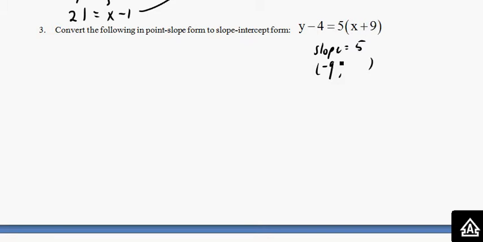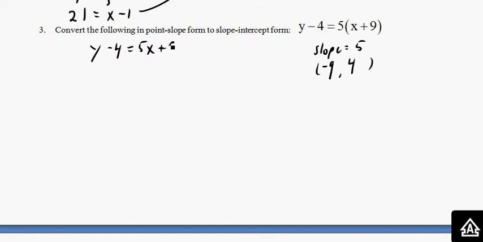Since this is a plus, that means that the x-coordinate of the point is -9. And the y-coordinate would be 4, since in point-slope form we have y minus the y-coordinate of the point on the line. But the point of this problem is not to determine the slope and the coordinates of a point, but rather to put it into slope-intercept form.